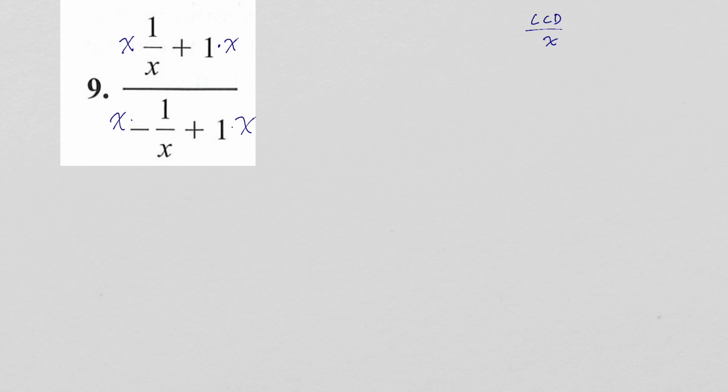And then you're going to cancel. This cancels, and that's it. So you're going to end up with 1 plus x in the numerator and a negative 1 plus x in the denominator, and that's all you can do.